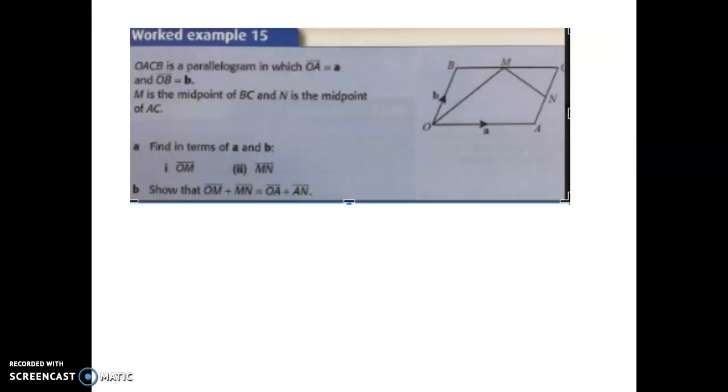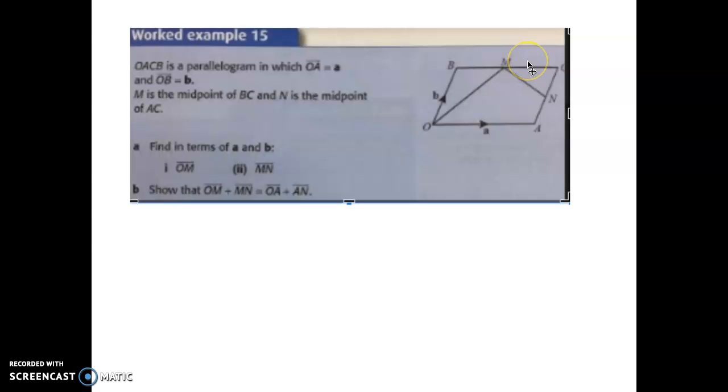So we have to go from O to B to M. We can go the other way too. The result's going to be the same. Actually, let's go in the more difficult way. So if A is going this direction, let me get my pen. Okay.